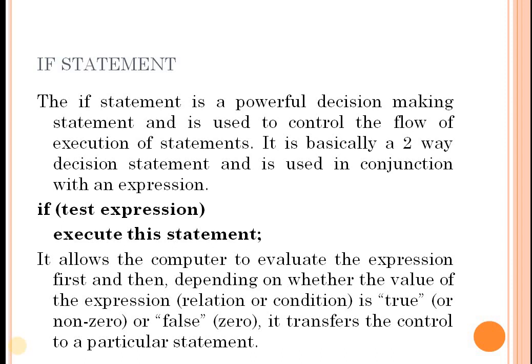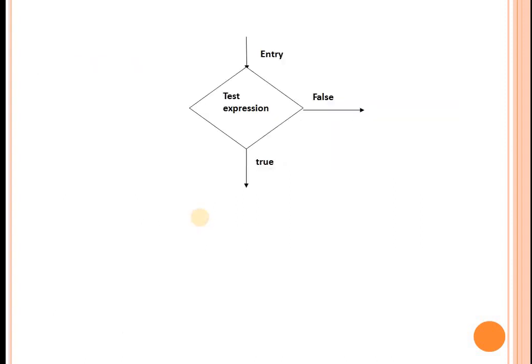The condition following the keyword if is always enclosed within a pair of round brackets. So you can see over here we have to express this condition in these given round brackets. This point of program has two paths to follow, one for the true condition and other for the false condition.